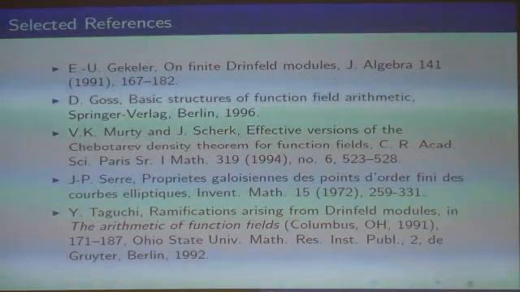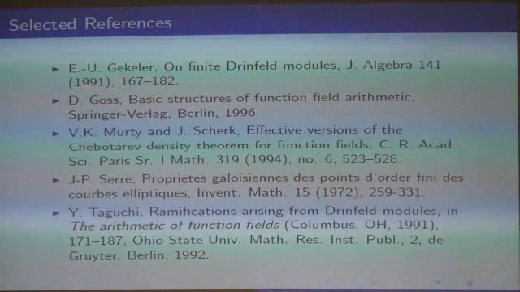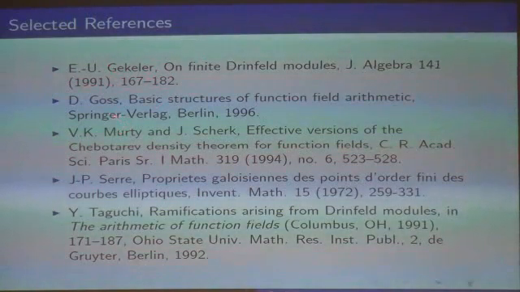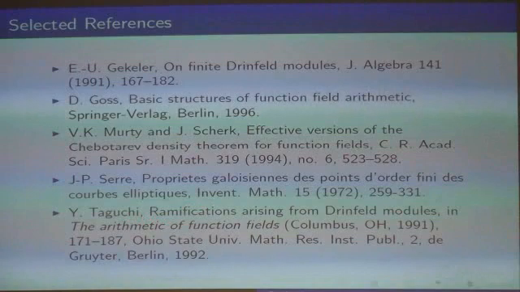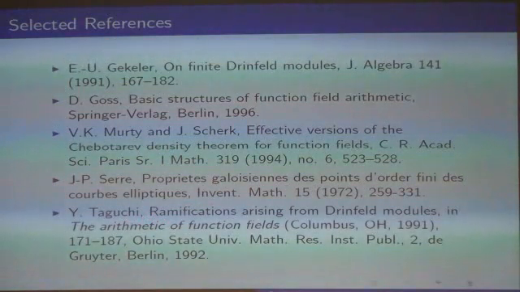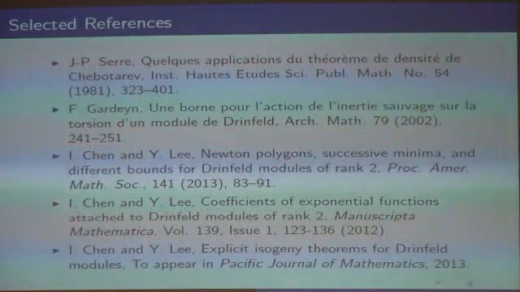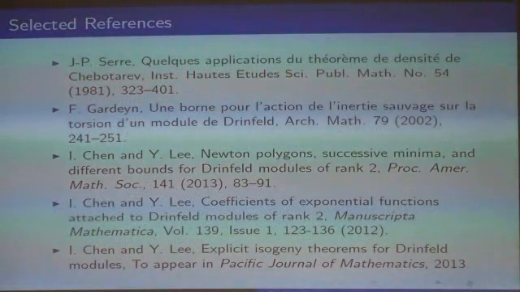Okay, this is a sample of selected references. We used Galois, Gauss, Multi-Shirk, and Sears, and Taguchi is over here. So we have Taguchi. Yeah, we have so many good people here. I feel very honored. And this is Sayre's result.